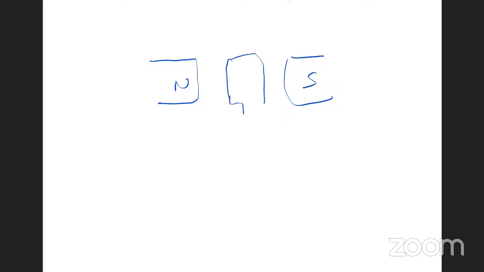So your motor is made up of a magnet, right? Magnet. Then you have a rectangular coil connected to a supply. And then you have rings. What do you call these rings again?